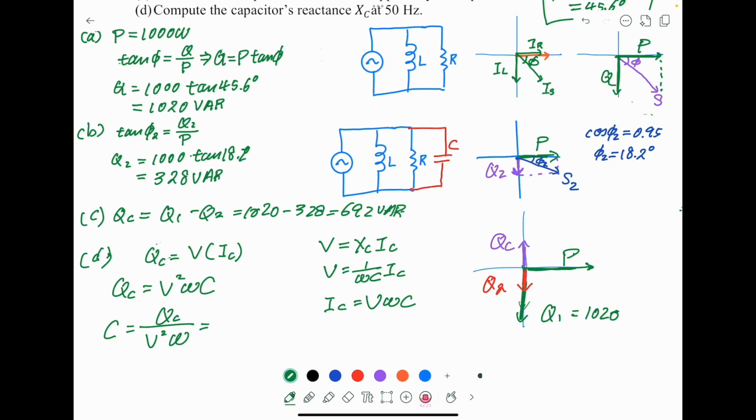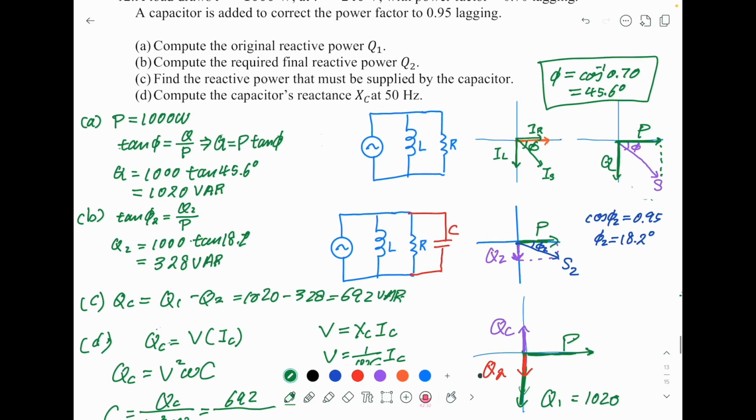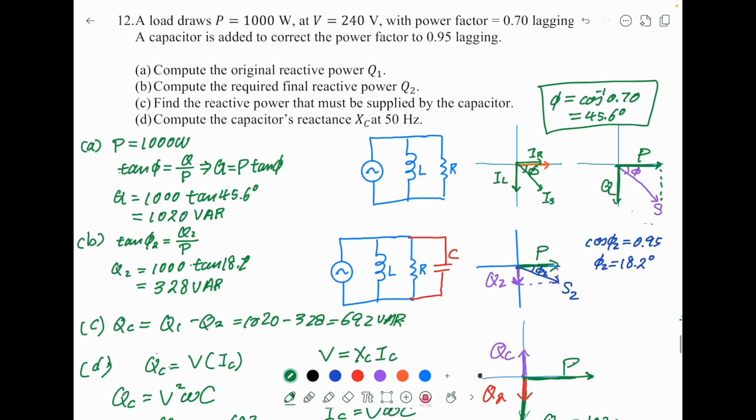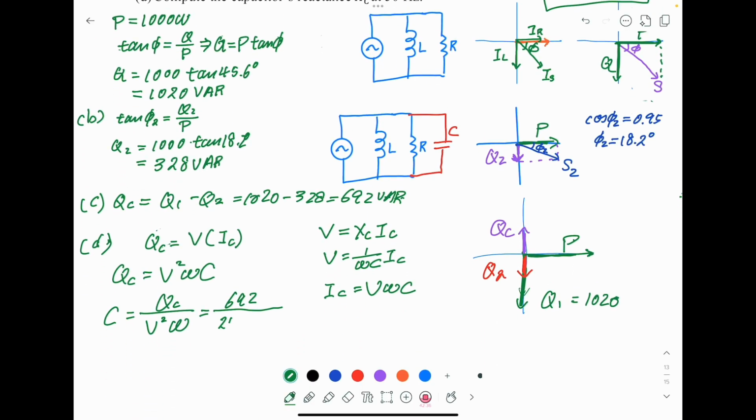So QC we just found is 692, and the voltage is 240. So 240 squared times 2 pi 50, and you should be able to get the value roughly equal to 38.3 microfarads.